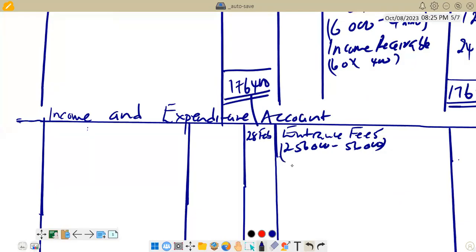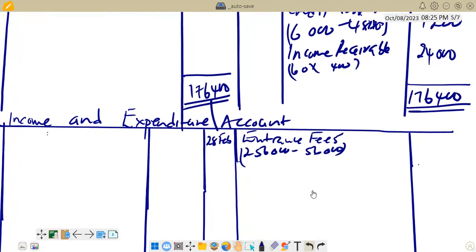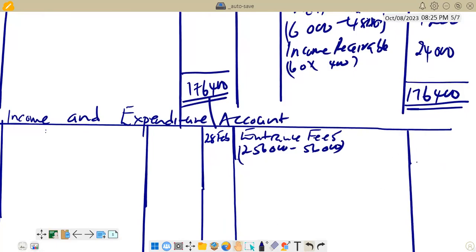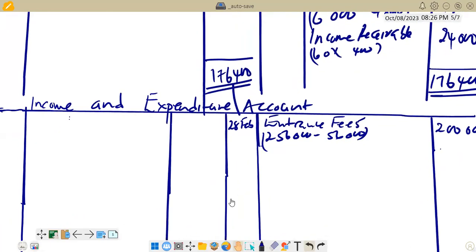If you do this, you are going to get 200,000. Okay, so we get 200,000 here. Right. So we go again to check if we've got anything again that is affecting this income and expenditure account.